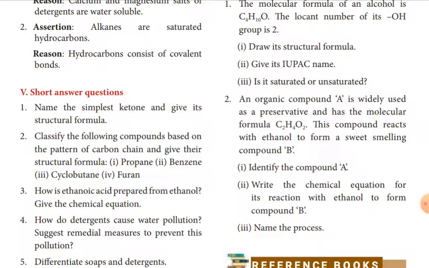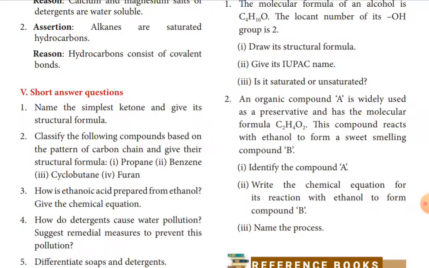Suppose it possesses a straight hydrocarbon chain, there will be no pollution. If it is a branched hydrocarbon, those detergents will not be fully biodegradable, so these kinds of detergents cause pollution.